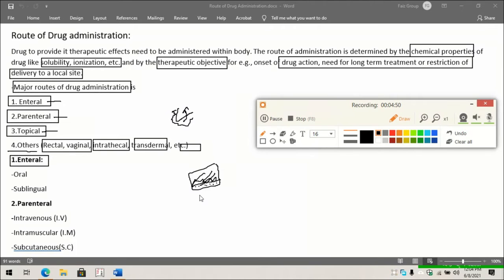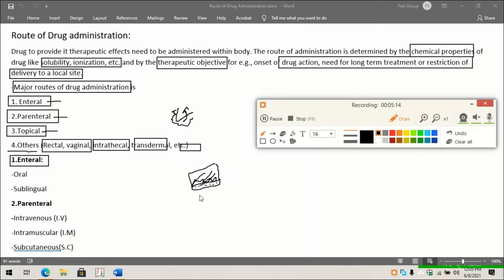discussing. So what is the benefit of sublingual or buccal? They facilitate direct absorption into the bloodstream. If we are taking orally, then the drug passes through the esophagus, reaches the stomach, small intestine, large intestine.